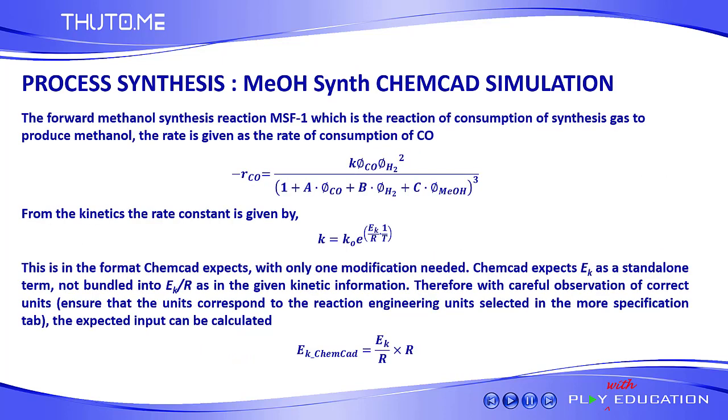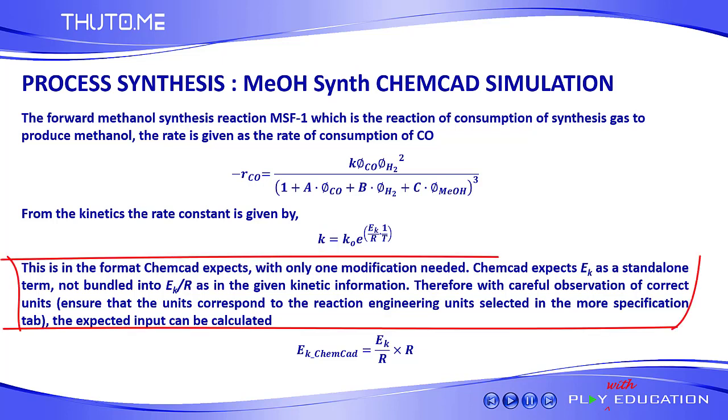This is very good news for us, because if you look, the way our rate constants and our absorption constants are given, they are given in the format that Chemcad expects. So we do not have to do any modification on these constants. The only modification that we will need to do is Chemcad expects the EK term, the activation energy term, as a standalone term.